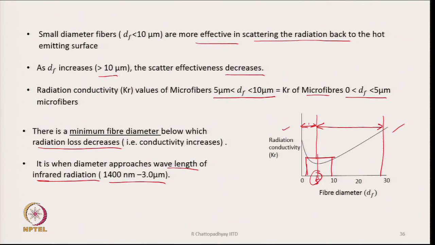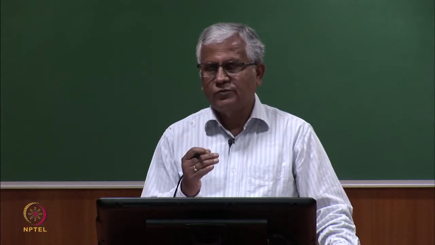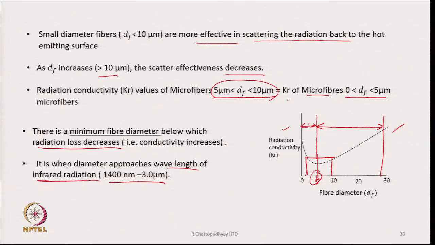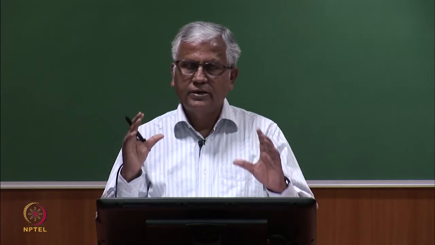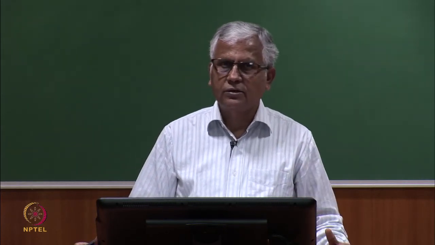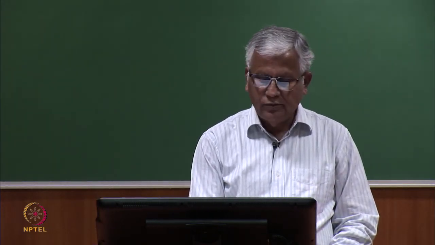So, the fiber diameter we choose less than 10 or around 5, 6, 7, 8, maximum 10, because very fine fibers are sometimes difficult to manufacture, but if we go for fibers which are 5 to 10, we will be able to have a sheet of material which will minimize the loss of heat, especially the radiation heat loss will be minimized. So, therefore, the effect of diameter is very important to know.